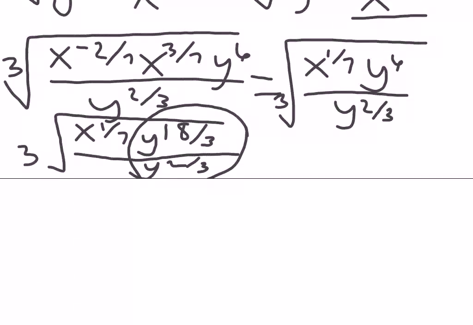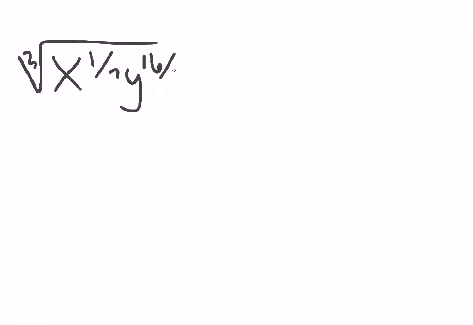So we are left with the cubed root of x to the 1/7, y to the 16/3. Now this is kind of weird because it's obviously not simplified since it's an improper fraction, this 16/3.